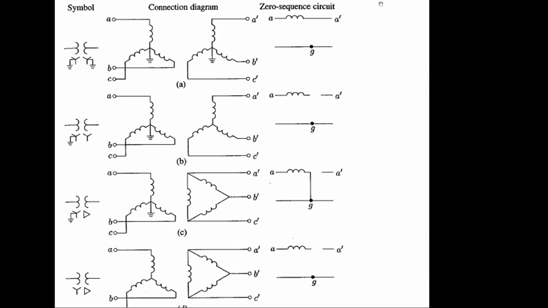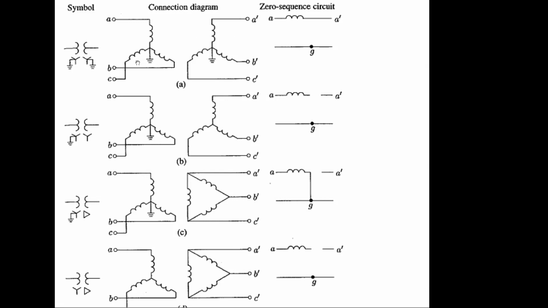For the line, you can replace it easily by equivalent reactance information. For the transformer, you have to use the proper zero sequence circuit based on internal configuration in terms of primary and secondary. Okay. Now let's move back to our original scenario.